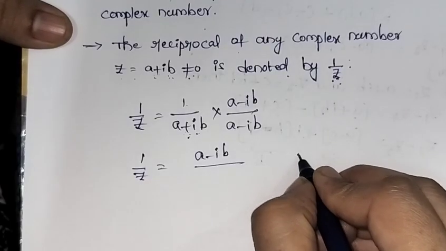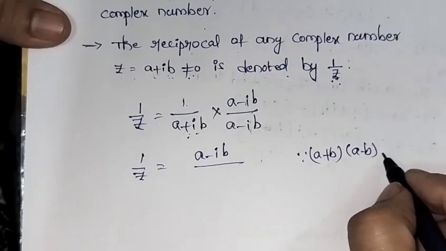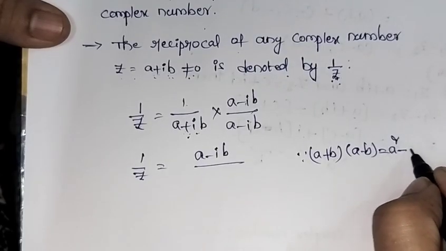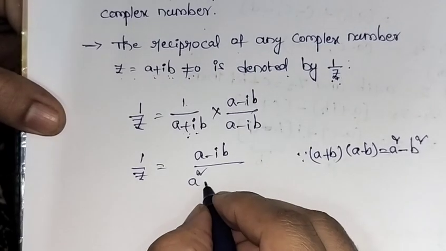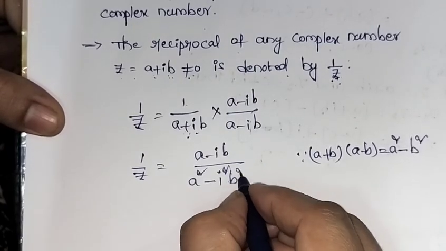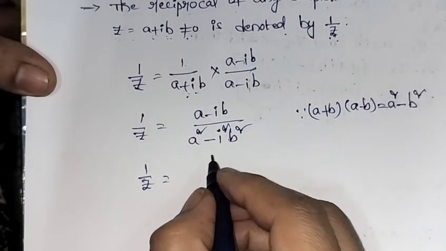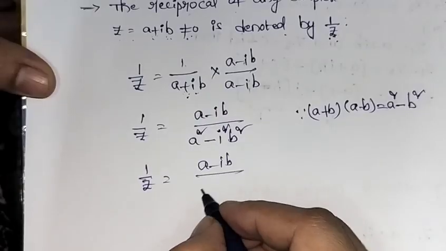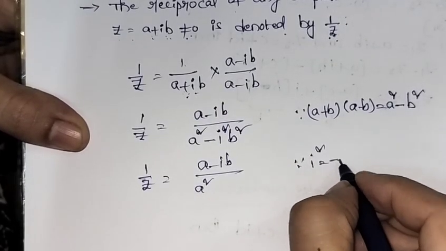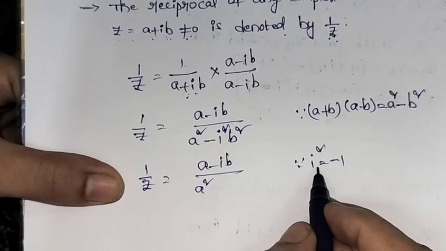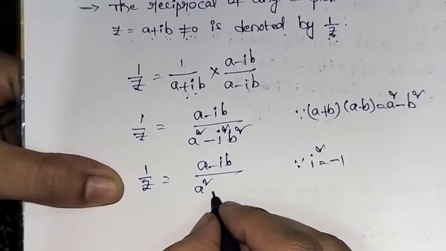Here we have one formula, (a + b)(a - b) = a² - b². So a² - i²b². Since i² = -1, apply it here: minus 1 times minus b² gives plus b².